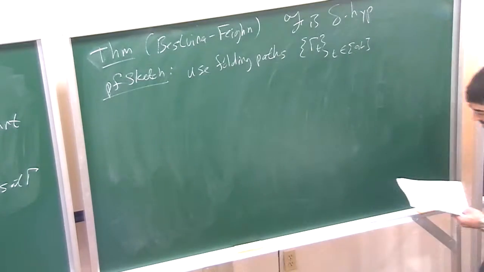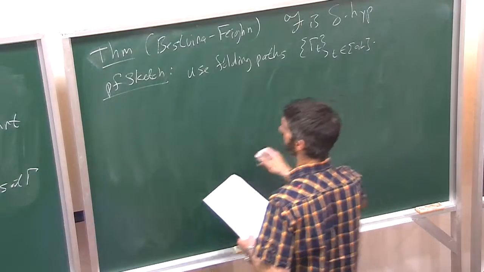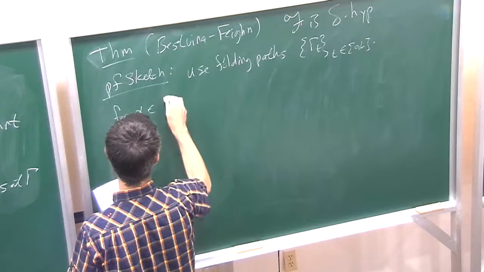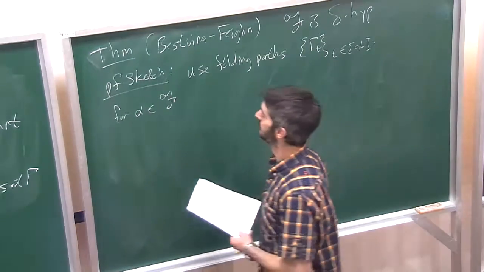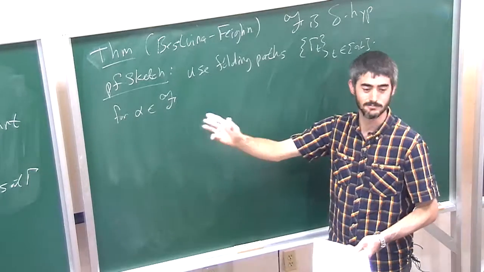Okay, so let me think about a folding path. And I can do the following thing. For alpha, some conjugacy class, so now let me just write this, I mean a vertex of the free factor complex. So I just mean a cyclic free factor. Okay.